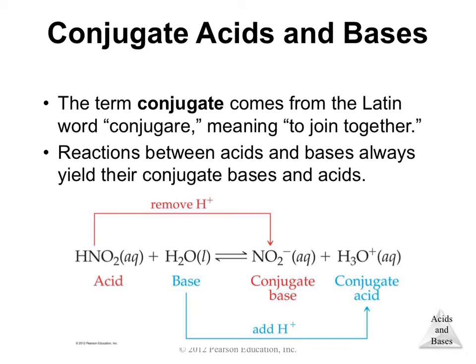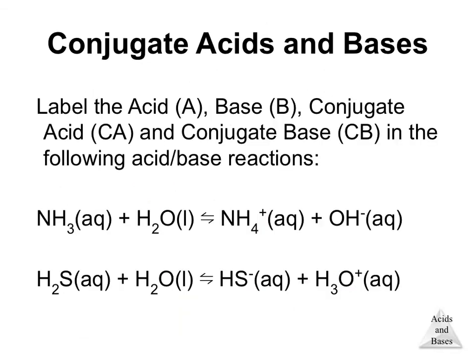So if it's an acid on one side, that hydrogen that's there on the reactant side is no longer there on the product side, and so it becomes the conjugate base. The base, we can see, because on the reactant side it only had 2 hydrogen, and on the product side now it has 3. So the base accepts a hydrogen, becomes a conjugate acid.